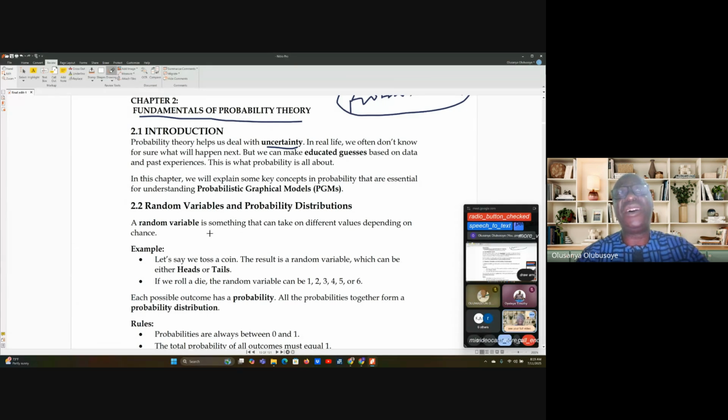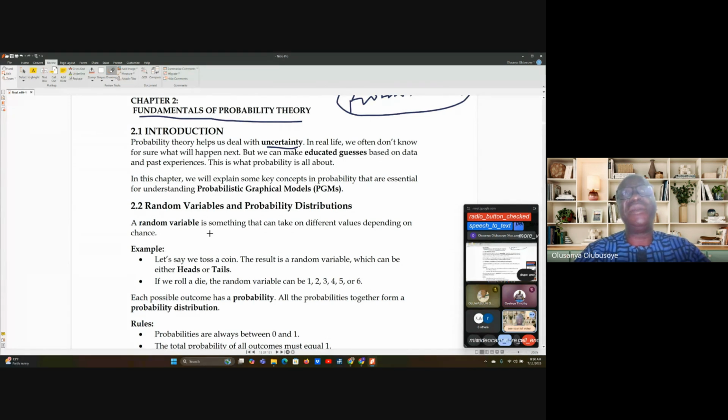So all possible outcomes in this toss will be head or tail if you toss the coin once. If a woman is pregnant, the possible outcomes could be male or female. We are also talking of rainfall. It's either it rains or not.